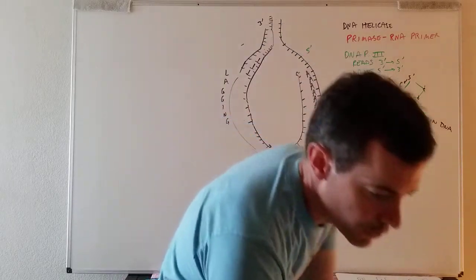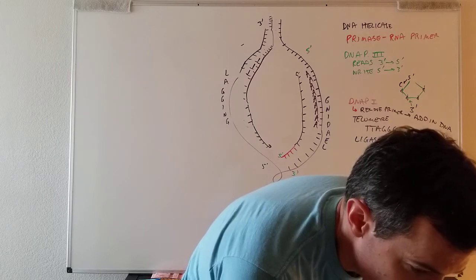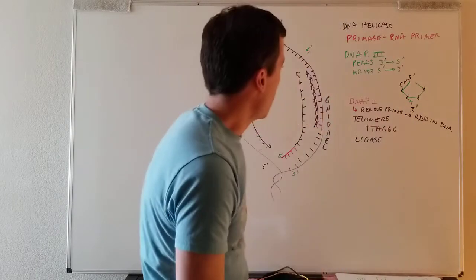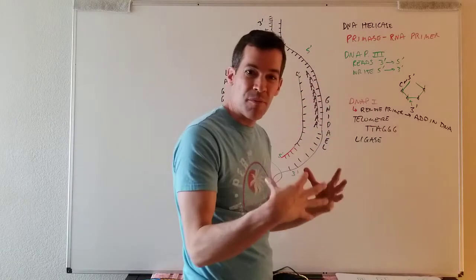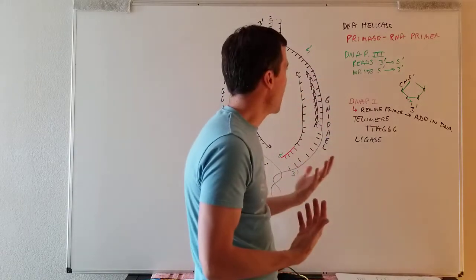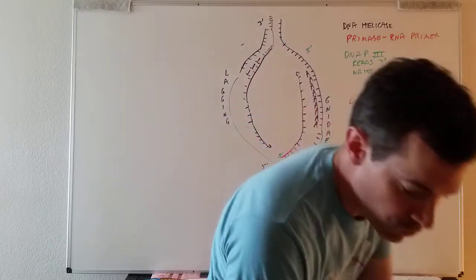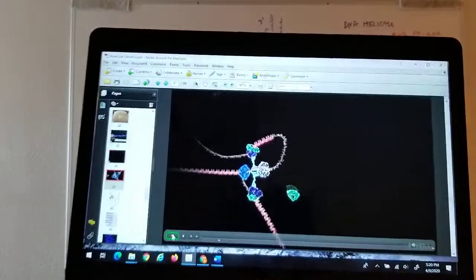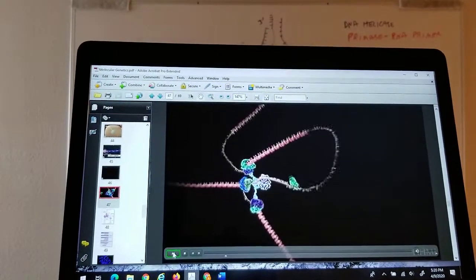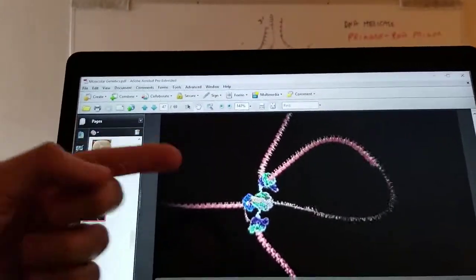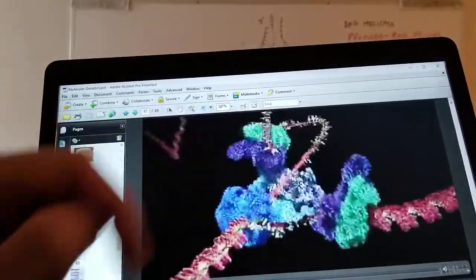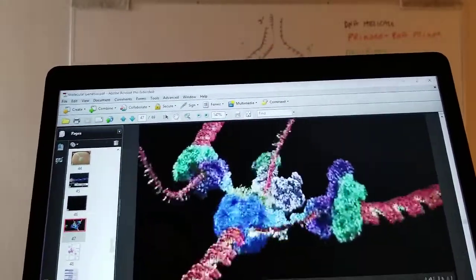What's weird about it though, and again, I'll have to sort of show you on my computer, is all of these enzymes are globbed together in one big complex. So it actually looks, you guys might remember this video, like this. Here's my DNA going in, here's the leading strand, here's that lagging strand on top.